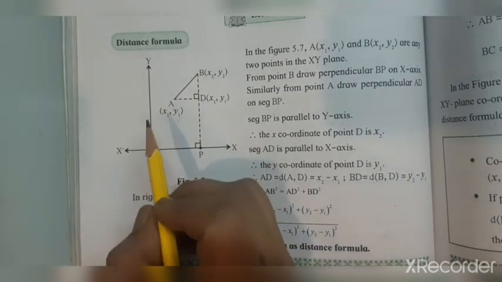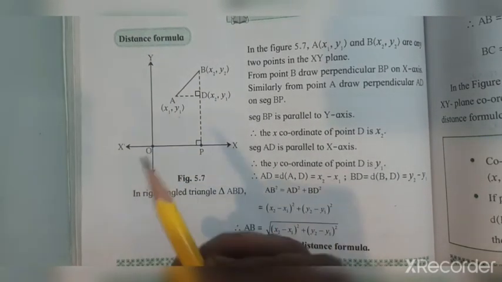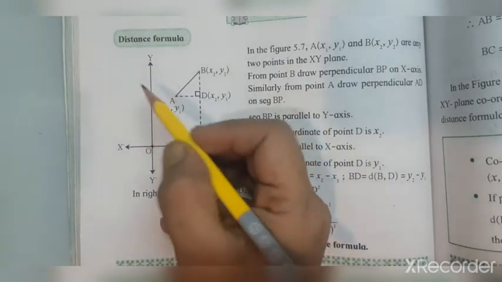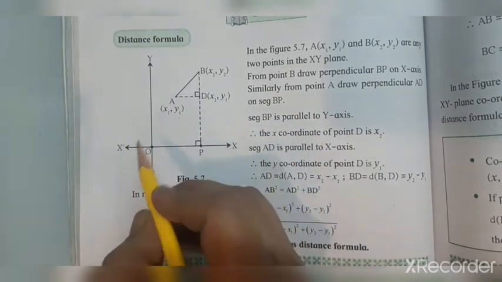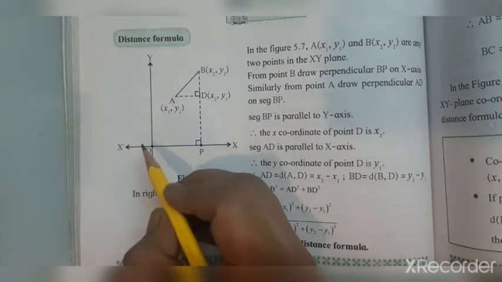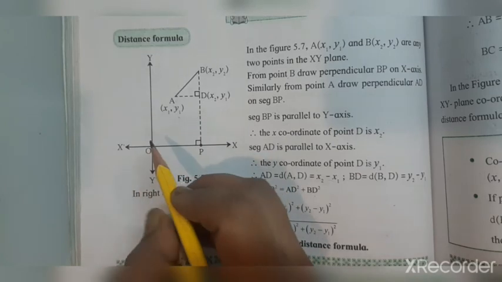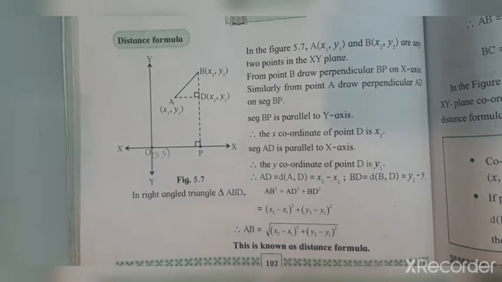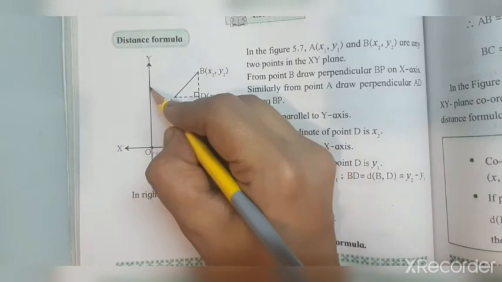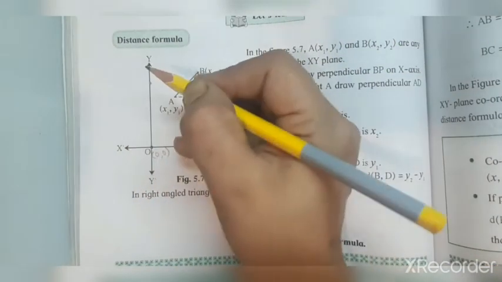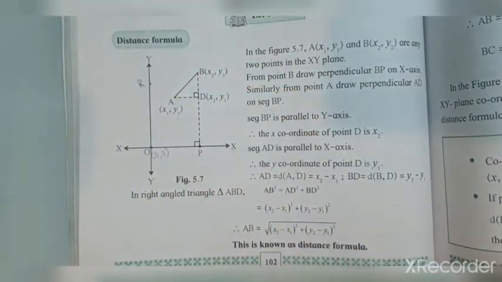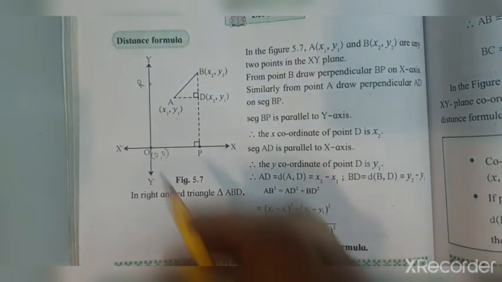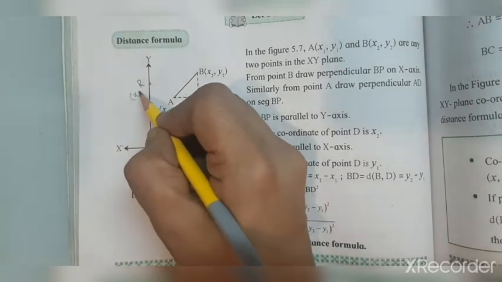Now, one more thing: if we have to find the distance between a point and the origin. This is the origin, and the coordinates of the origin are 0, 0. Let's consider a point R, and the coordinates of this point R are x and y.